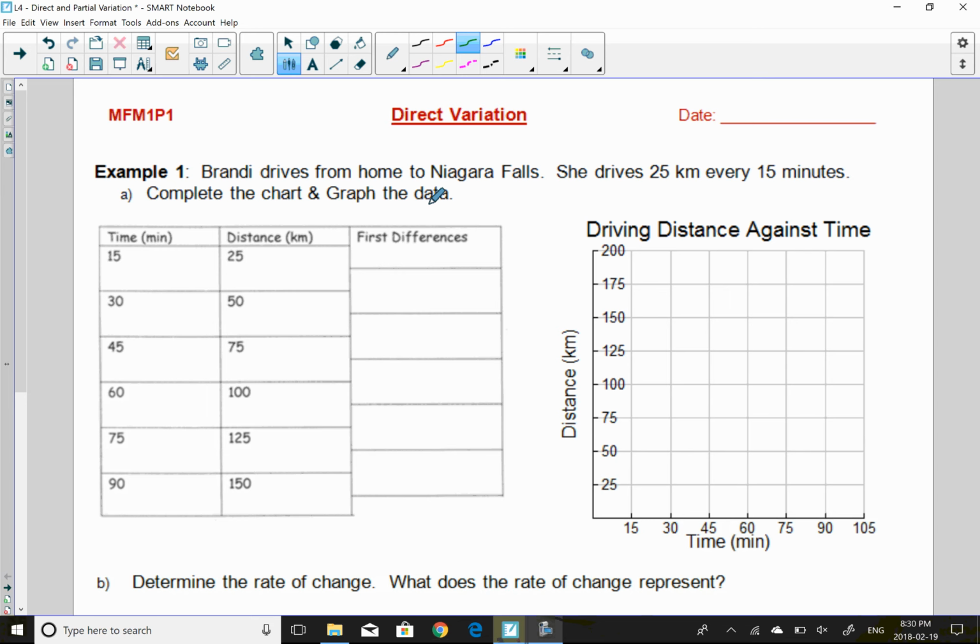So here's our chart with our independent variable being time and our dependent variable being distance. Our first differences are calculated based on our dependent variable, so our distance. So I'm going to subtract this way. 50 subtract 25. And I'm going to subtract again. 75 minus 50.